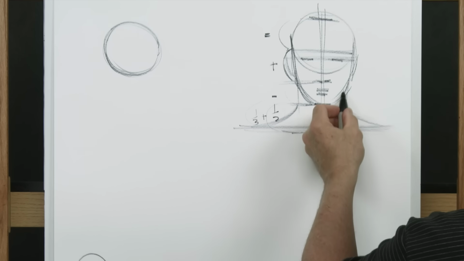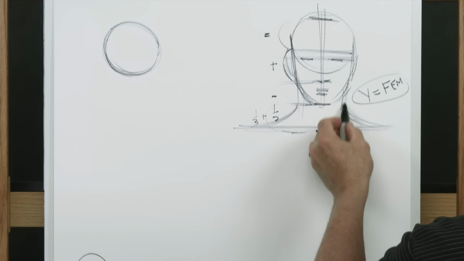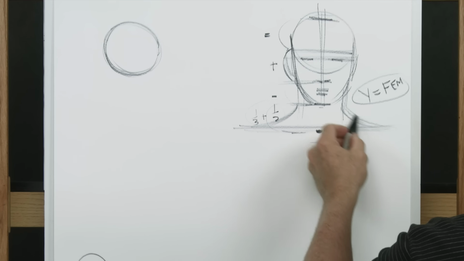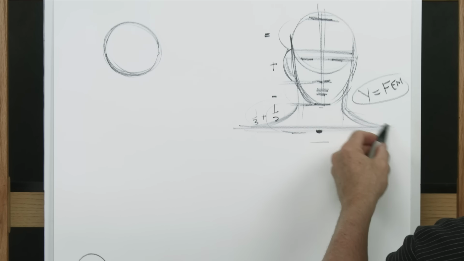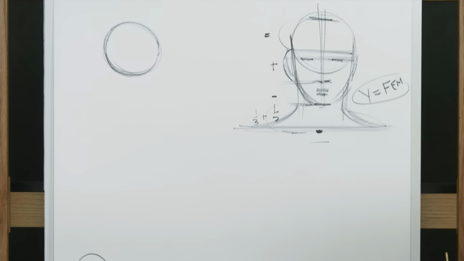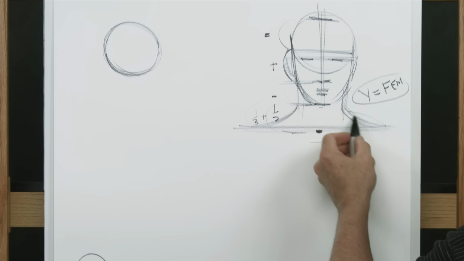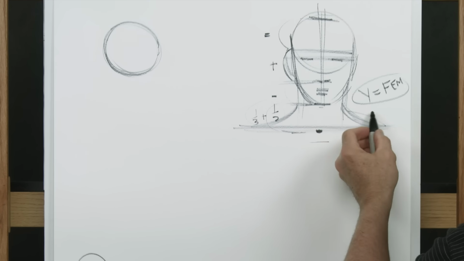The skinnier I make the neck, the more I sag it, the younger and the more feminine it will seem. The thicker I make the neck, and the fuller, in fact, it can bulge over this way, even if you're doing a heroic character. The fuller I make that triangle, it's going to look more mature, not old as in elderly, but more mature and more male.